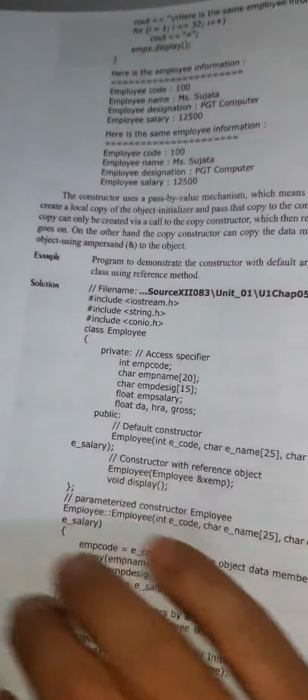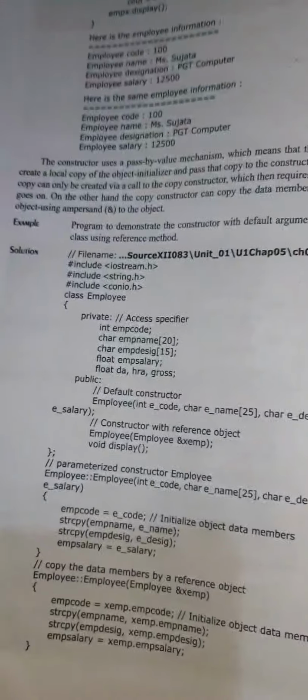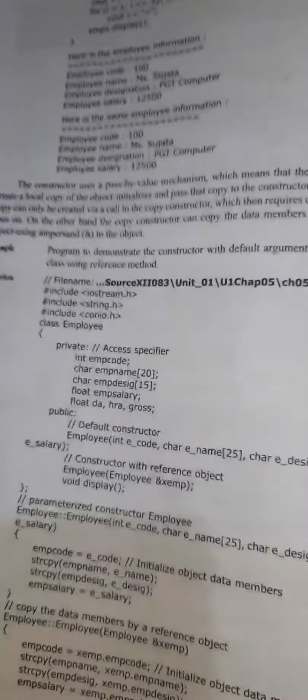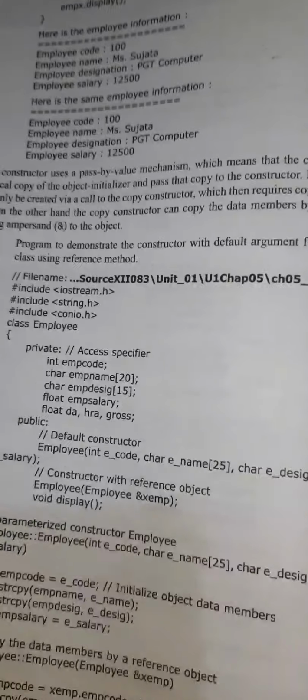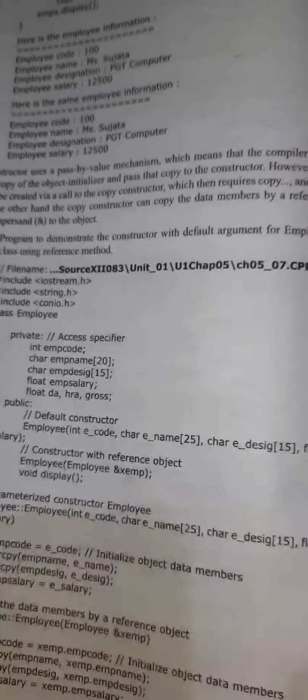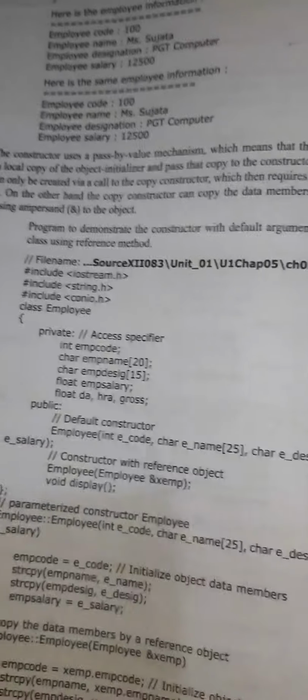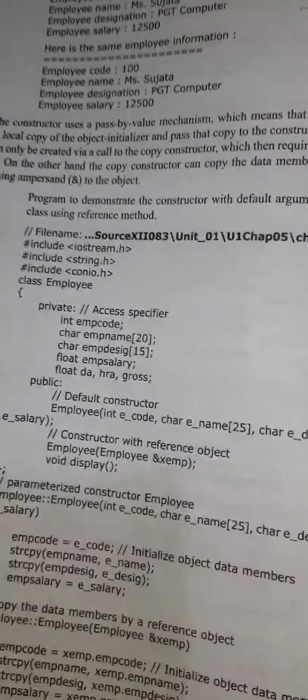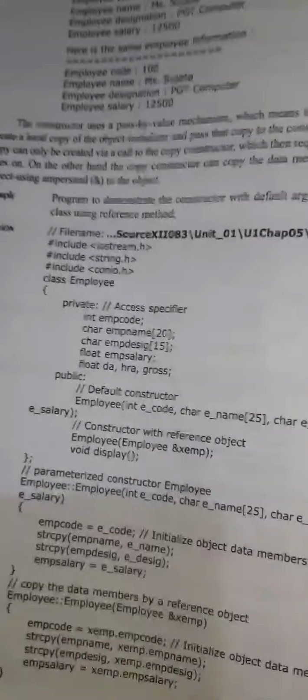So we have seen default constructor, parameterized constructor, and copy constructor. All three constructors have only one purpose: to see that the objects get initialized, right? Proper initialization of the object, that is, the object's members.